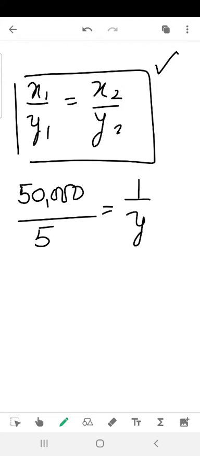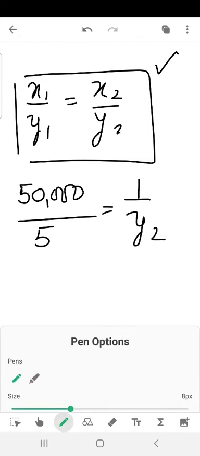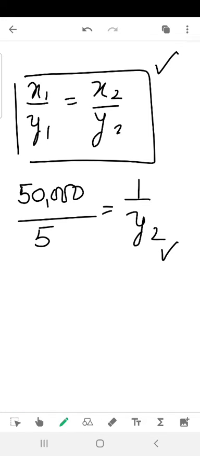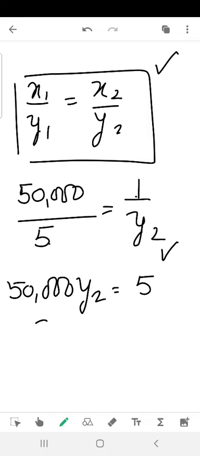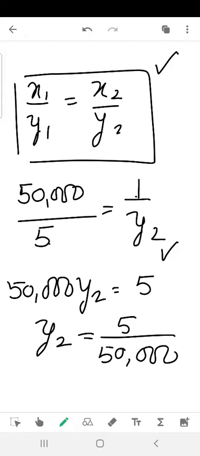Now to find out the value of y2, I am doing the cross multiplication. I will multiply y2 with 50,000 and 5 with 1. So 50,000 y2 is equal to 5, and then y2 will be 5 upon 50,000.